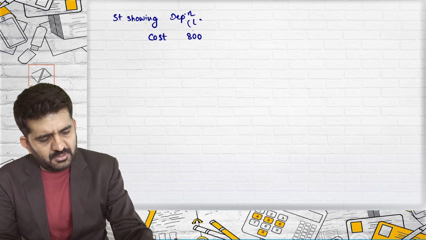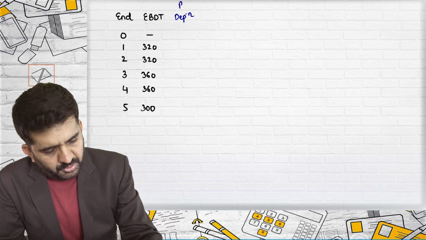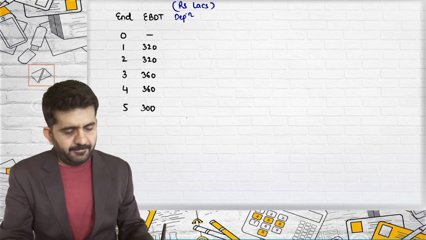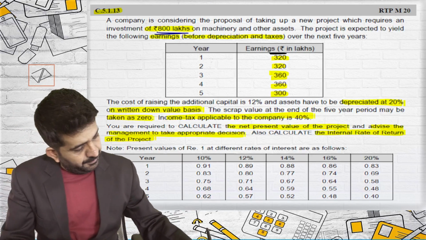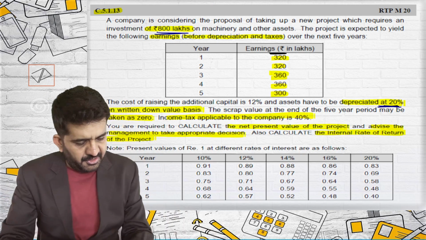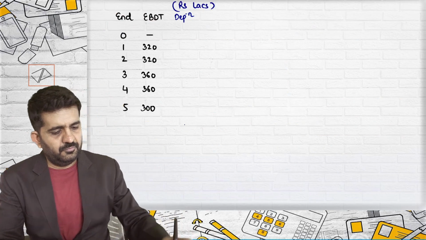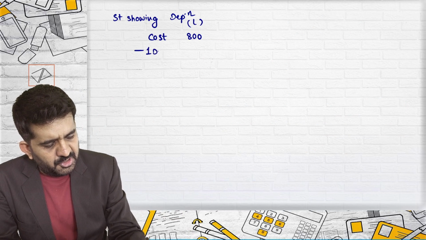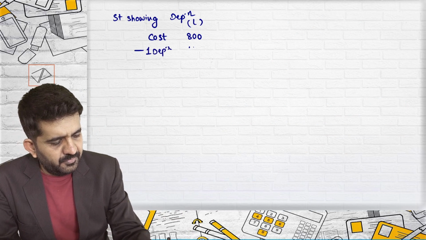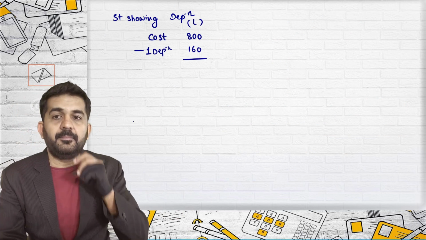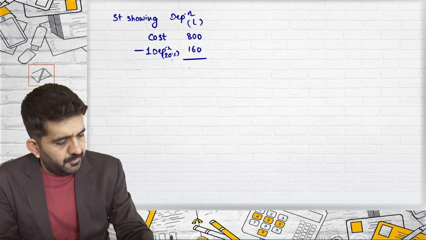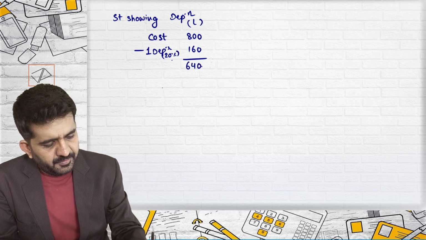Rupees are in lakhs, all rupees are in lakhs over here also. Depreciation is 20% WDV. So 800 minus first year depreciation of 160, which is 20%, is 640.